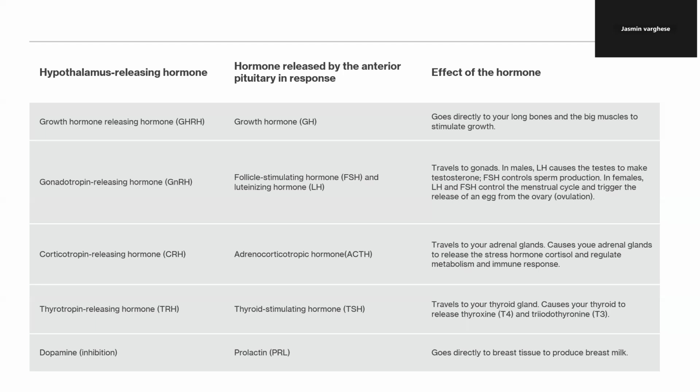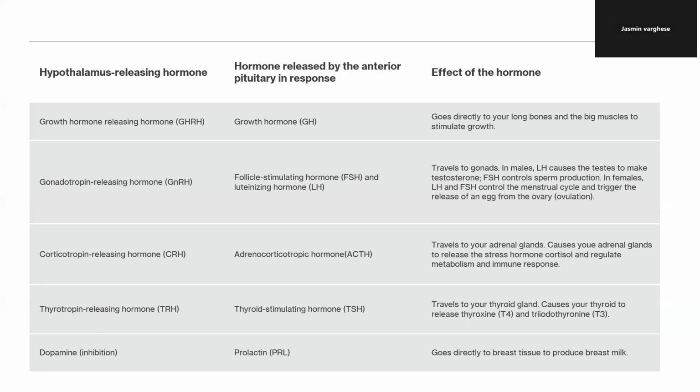In males, LH causes the testes to make testosterone, and FSH controls sperm production. And in females, LH and FSH control the menstrual cycle and trigger the release of an egg from the ovary.